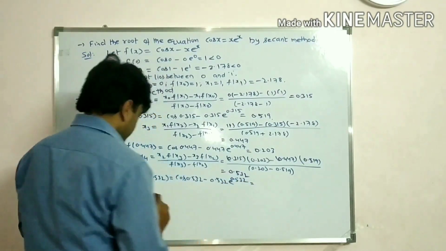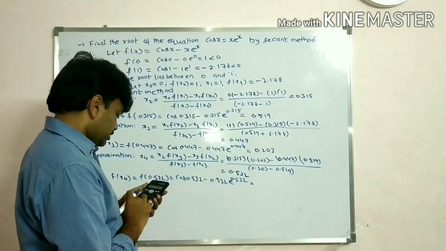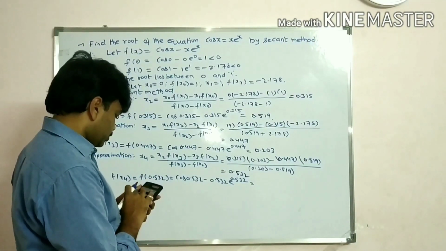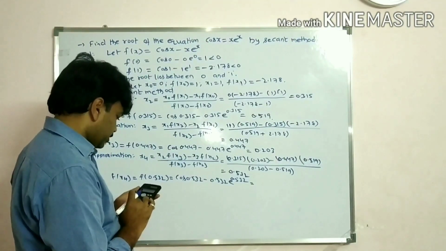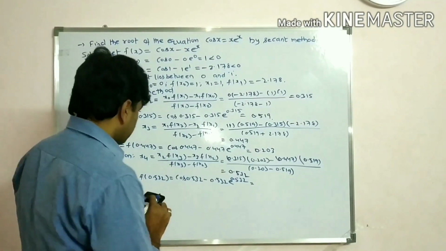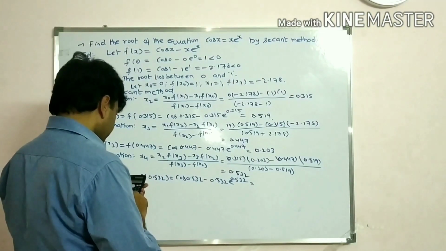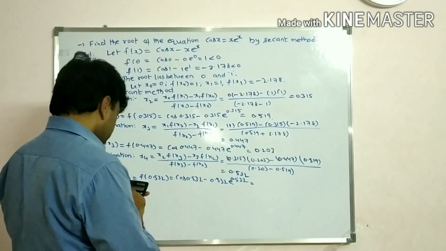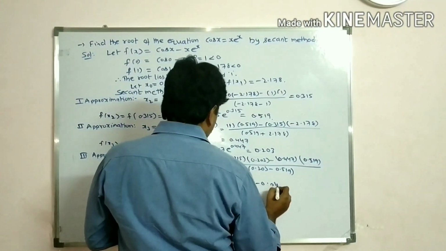So that is equal to cos 0.532 minus 0.532 into shift ln, we get e^0.532, is equal to minus 0.044.